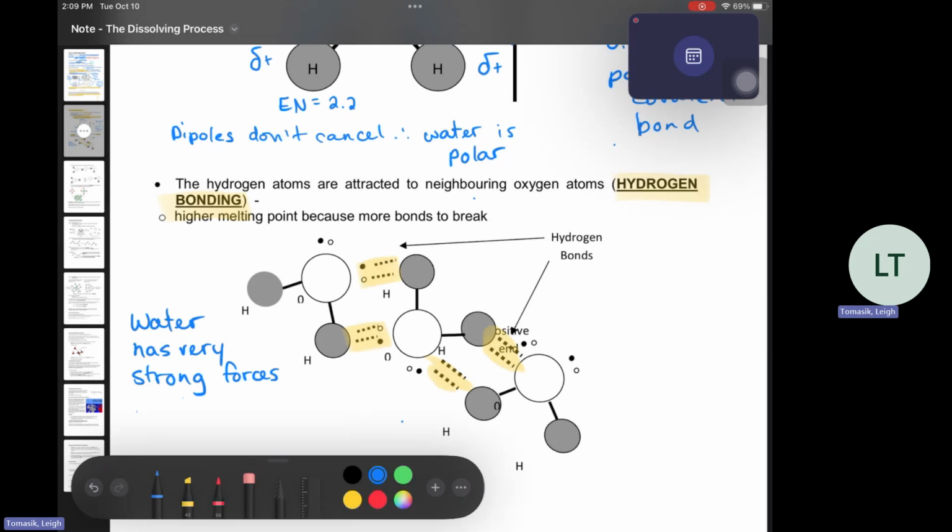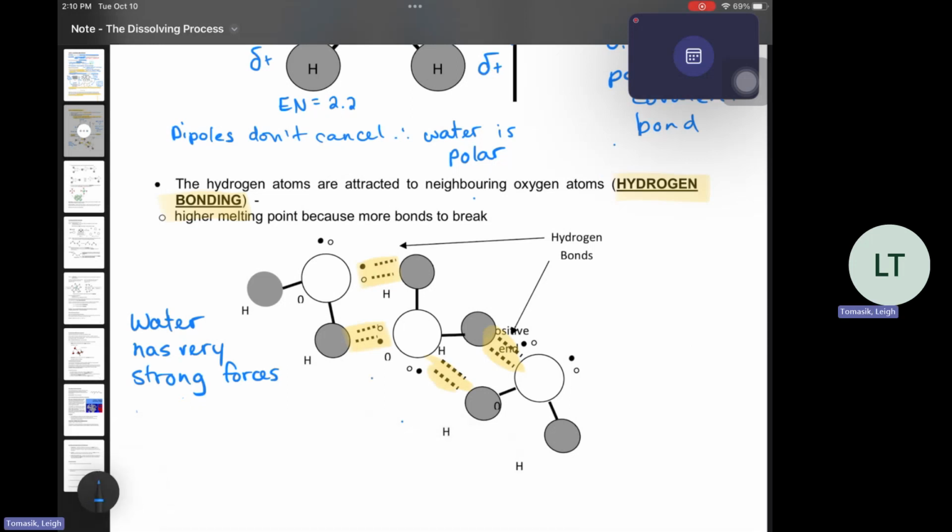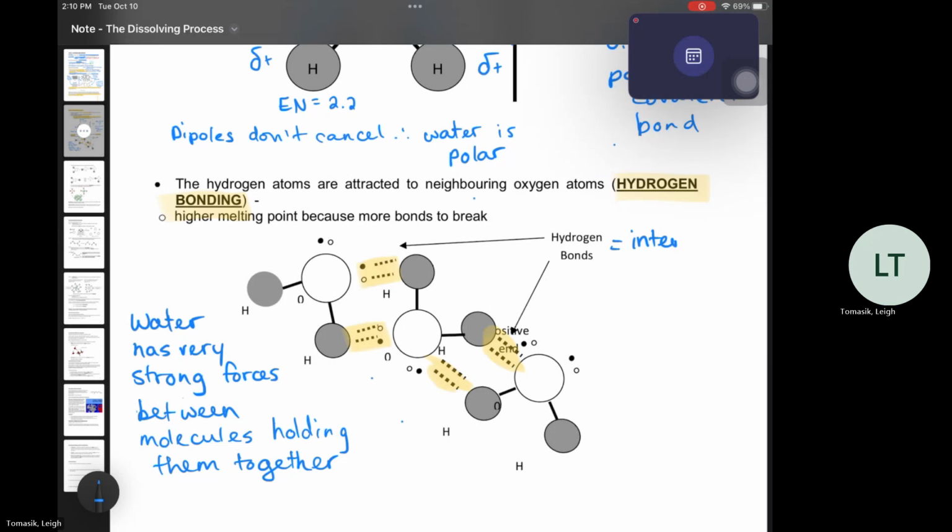Very strong forces between molecules holding them together. Because they hold water molecules together, these are intermolecular forces.